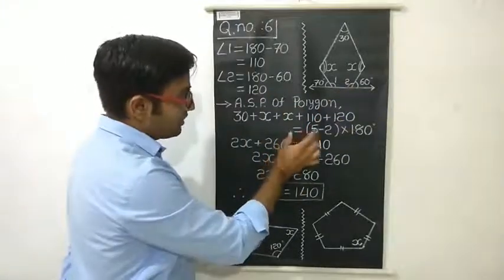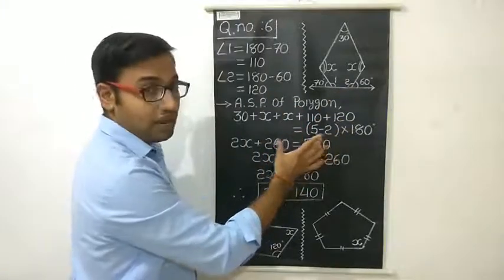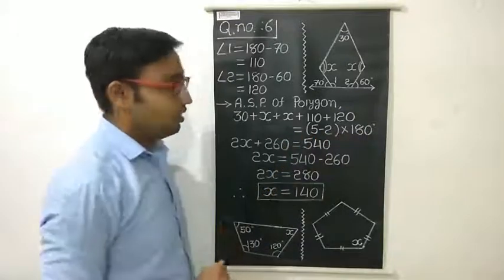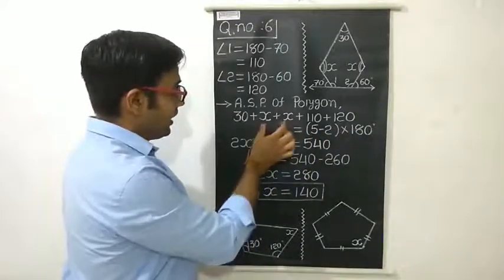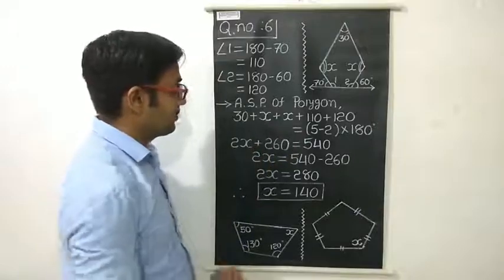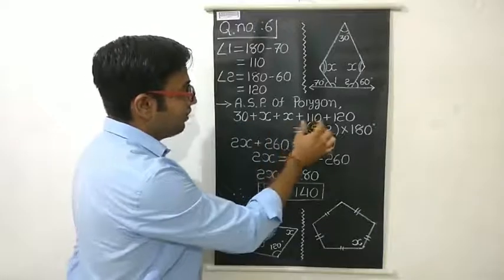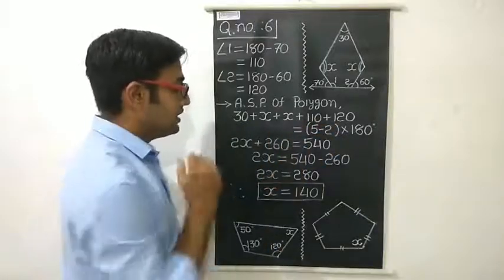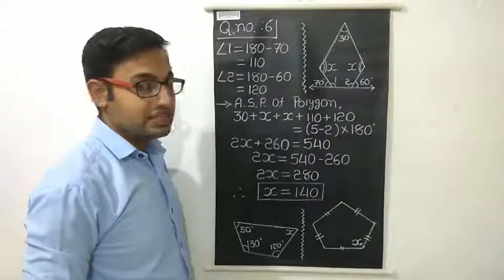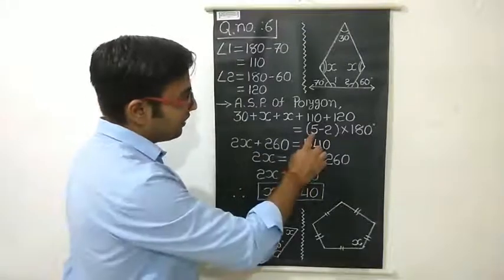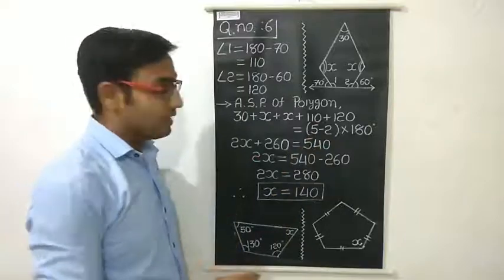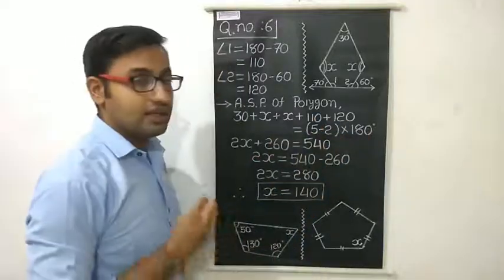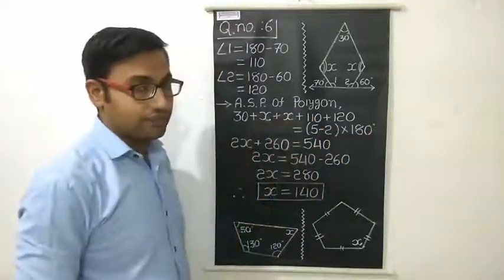The total, according to the formula, is (5 minus 2) into 180. Now x plus x is equal to 2x. The addition of 30, 110 and 120 is equal to 260. And 5 minus 2 is equal to 3, so 3 into 180 is equal to 540.